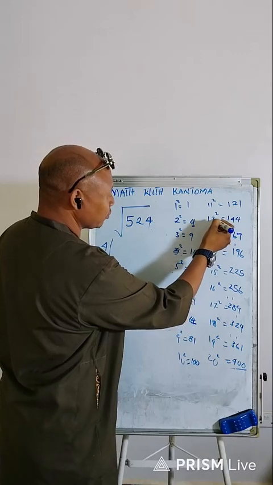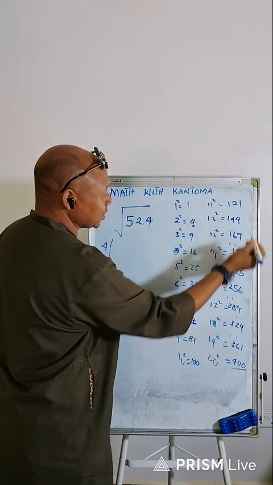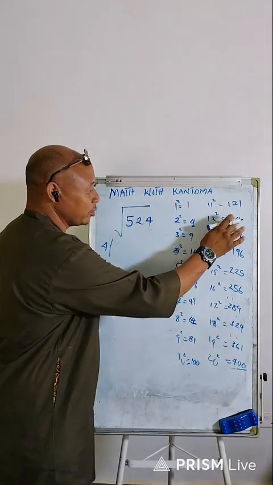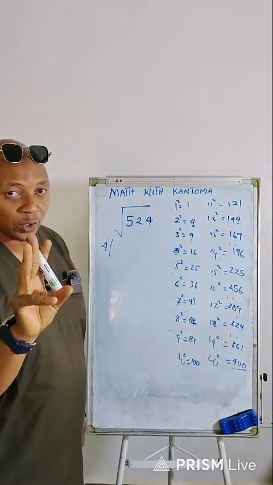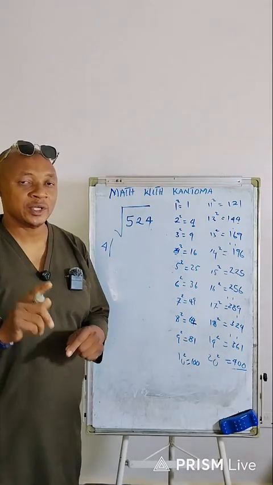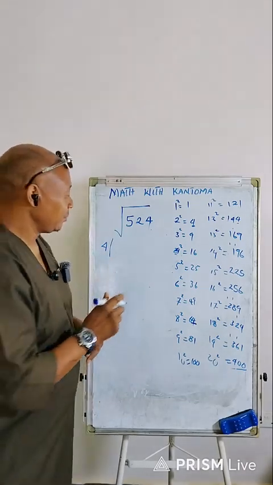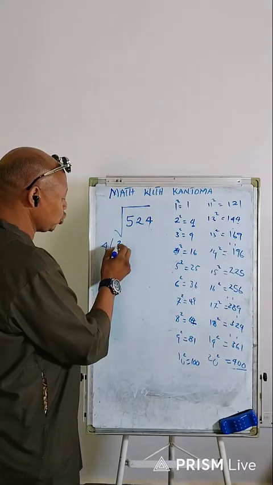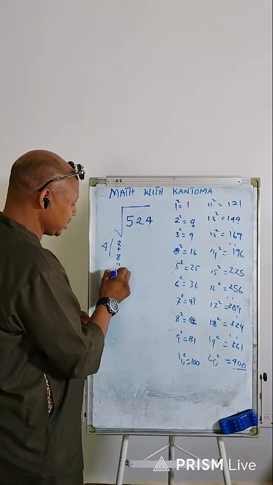12 squared, we have 2 here at the last digit. But we are not considering this 12. Why? Because we need 2 numbers only, in such a way that when you add these 2 numbers, you are going to have 10. If I add the 2 numbers, 2 and 8, 2 plus 8 will now give me 10.